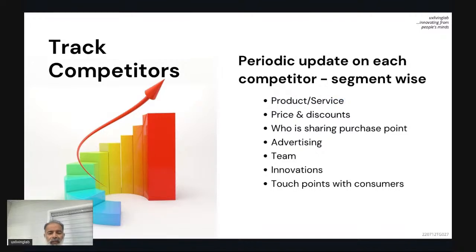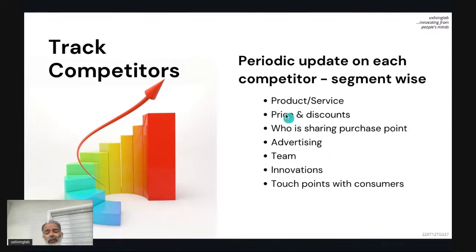Variety of products they have. Then their price and discount schemes. Who is sharing purchase point? Then advertising, their advertisements, their team, their innovations, the new products coming, touch points with consumers. So these are the main points you have to periodically update after you select a bunch of competitors.